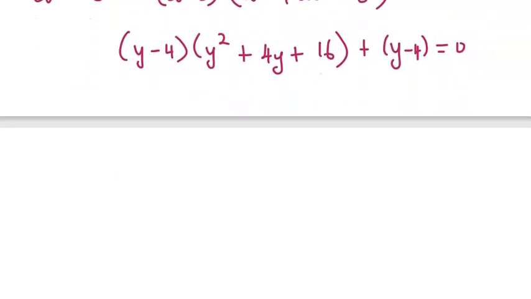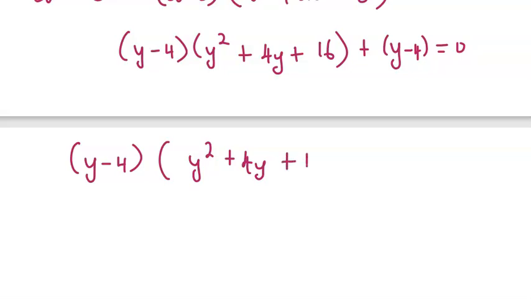Take a look at the left-hand side of this equation. There's something going on, right? We know that y - 4 is common, so we take it out. Then we get y² + 4y + 16, and here we're left with 1, so it becomes plus 1. This is equal to 0.